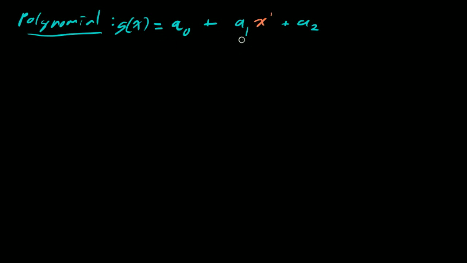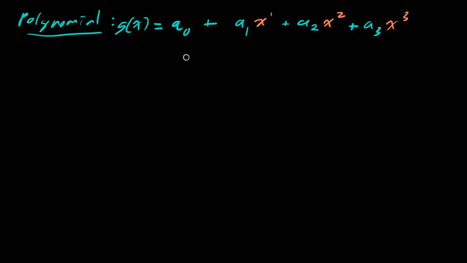It's like I was putting in 2 times x to the first power. And then on a2, we've got x squared. It's like saying we had 4x squared, and then plus a3 times x cubed.